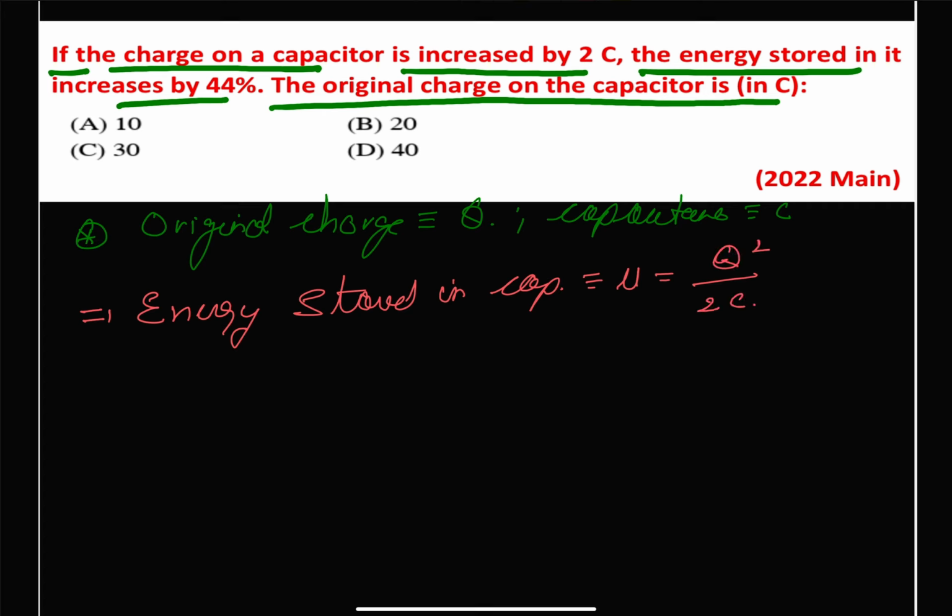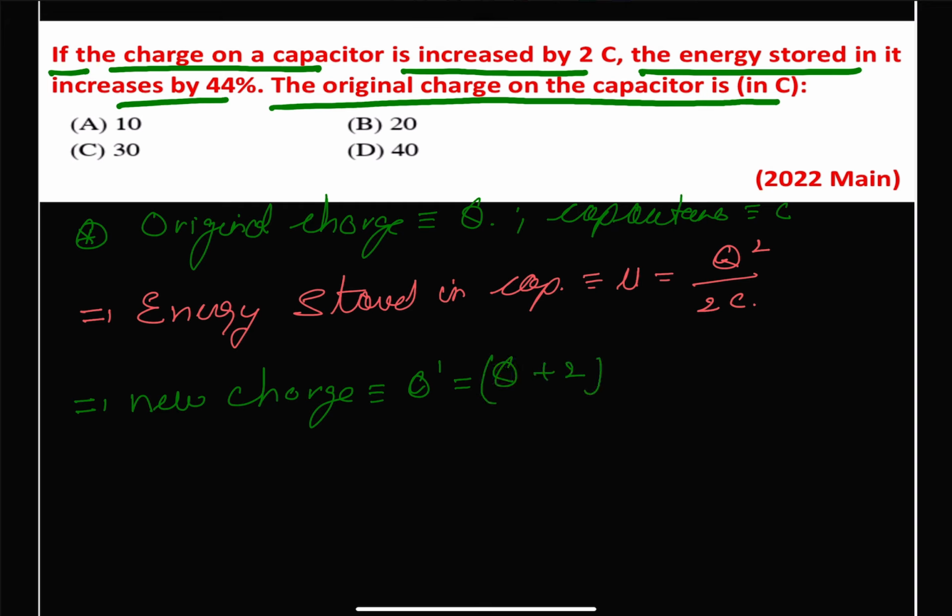Now the charge is increased by 2, therefore we can say new charge, let us suppose we call this as Q prime, will be equal to original plus 2.